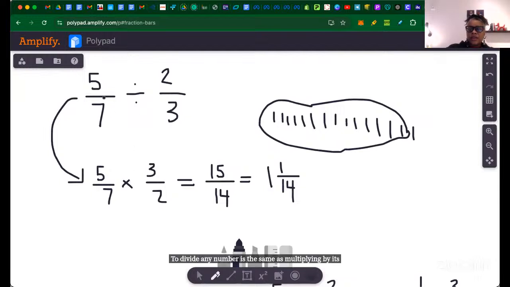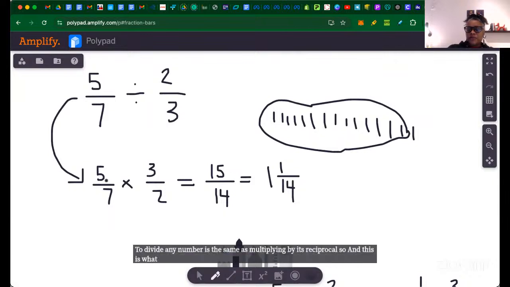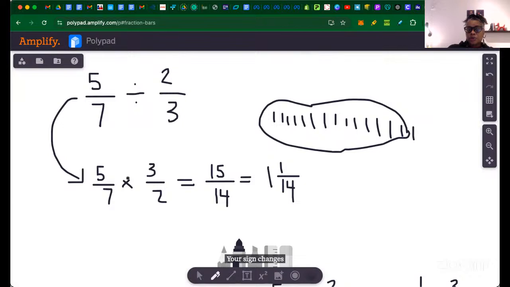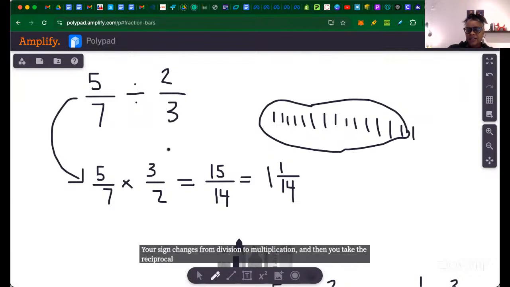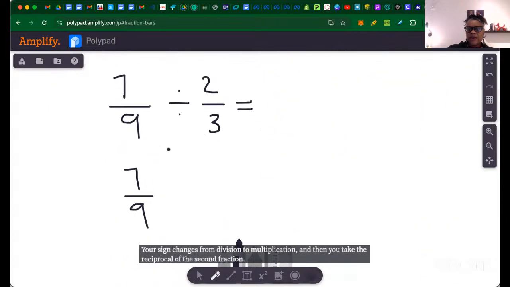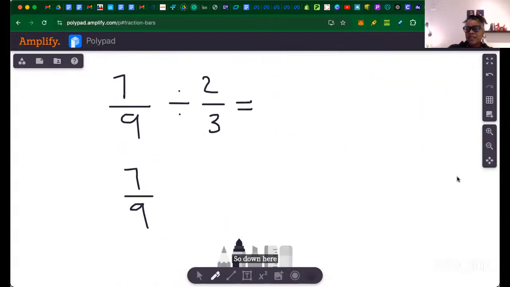So here, and this is when the teacher is saying, keep your first fraction, your sign changes from division to multiplication, and then you take the reciprocal of the second fraction. So down here, what should my sign be next? What operation? There you go, multiply.